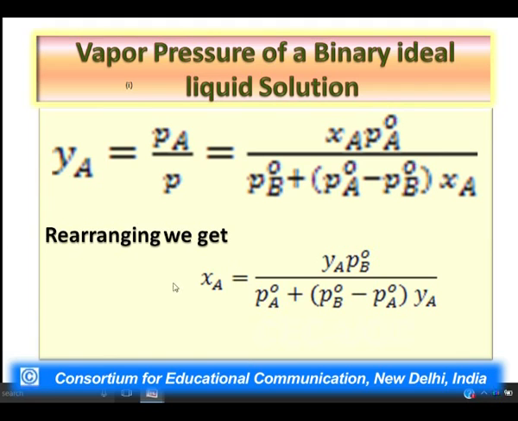However, when XA is obtained with respect to composition in vapor phase YA, YA is there instead of XA, and instead of PA naught we have PB naught, and all the terms which have PA naught or PB naught, you can notice that they have been swapped: A replaced with B and B replaced with A. So therefore we get the relationship XA equal to YA PB naught divided by PA naught plus PB naught minus PA naught times YA.